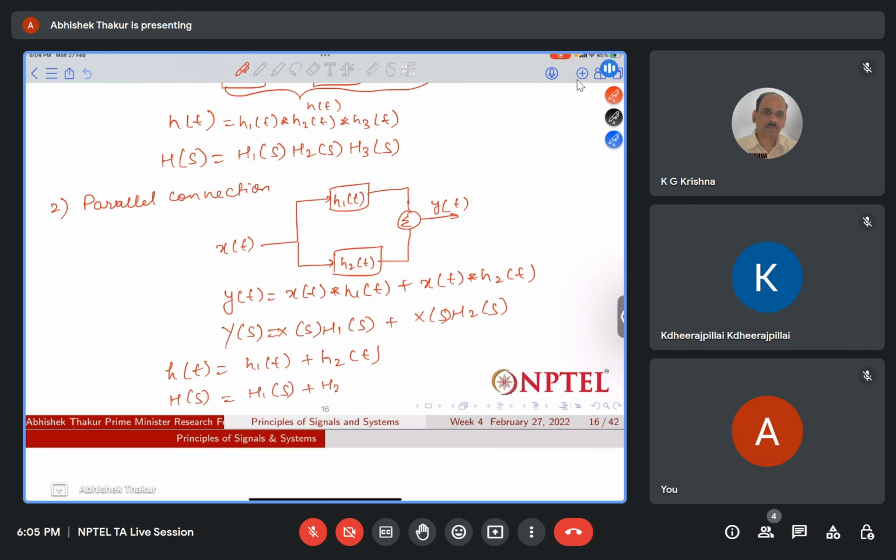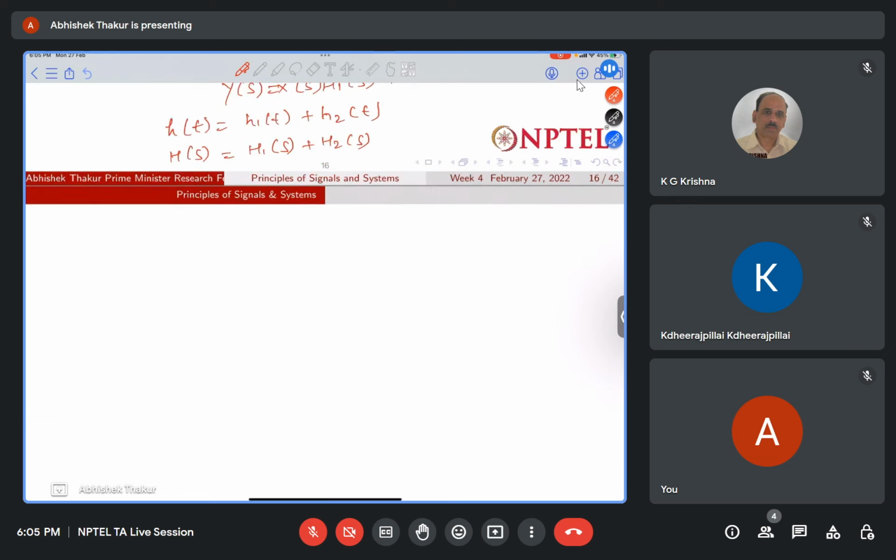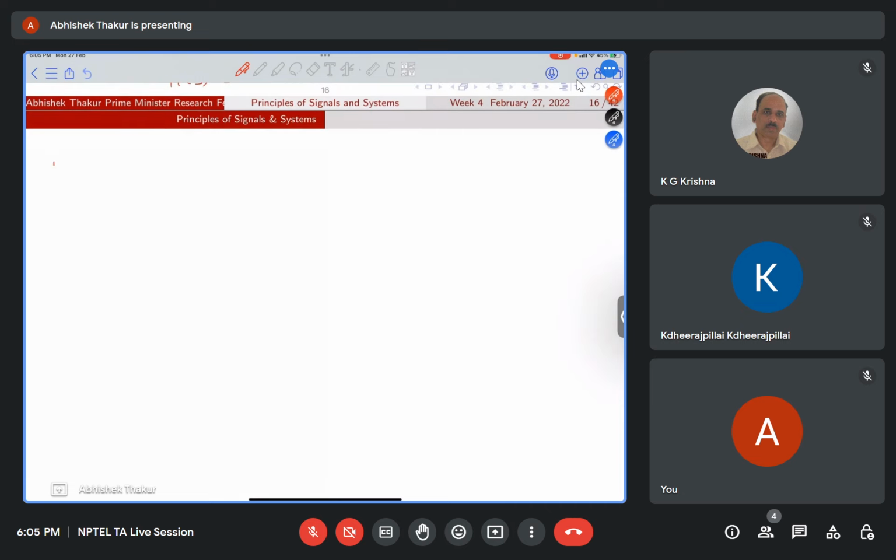Now the next one, which is very important, is the feedback connection. In this, feedback is given from the output to the input end.